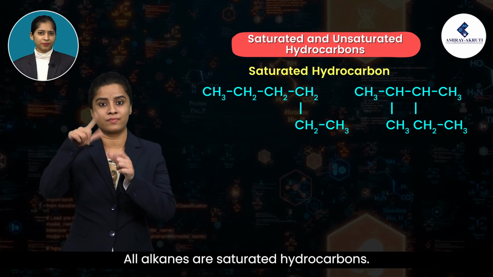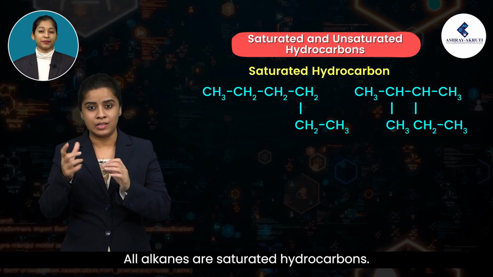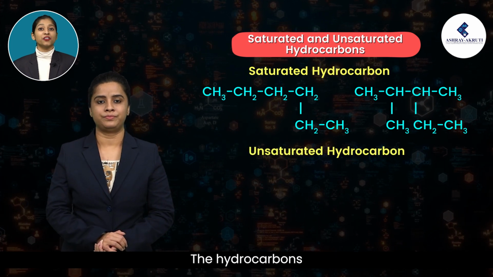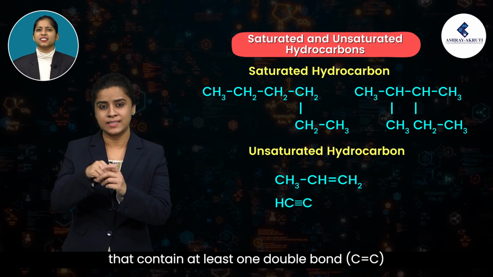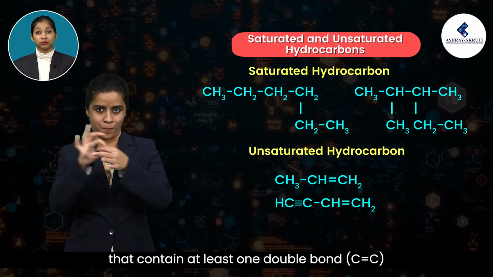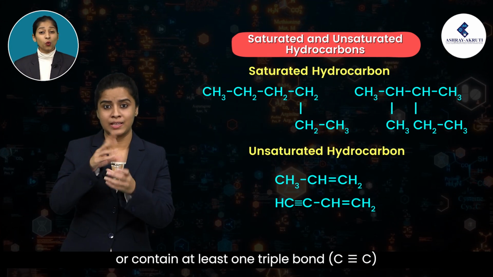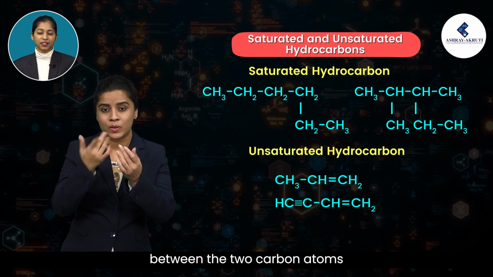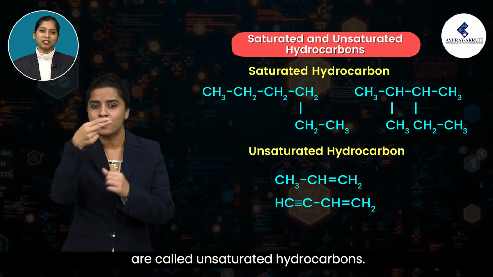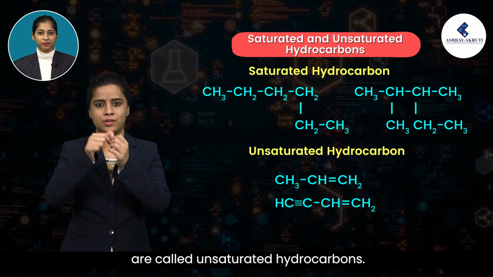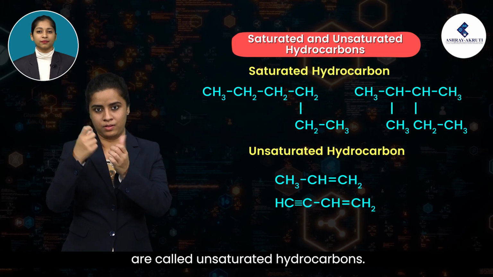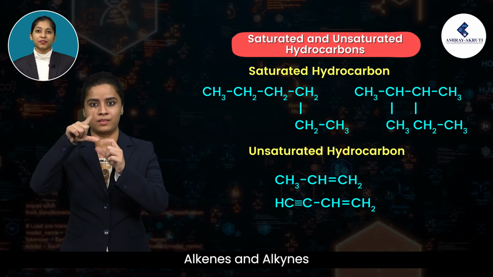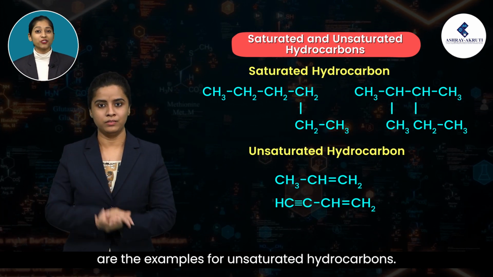All alkanes are saturated hydrocarbons. The hydrocarbons that contain at least one double bond or at least one triple bond between the two carbon atoms are called unsaturated hydrocarbons. Alkenes and alkynes are the examples for unsaturated hydrocarbons.